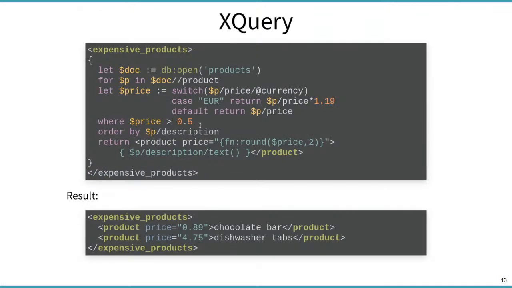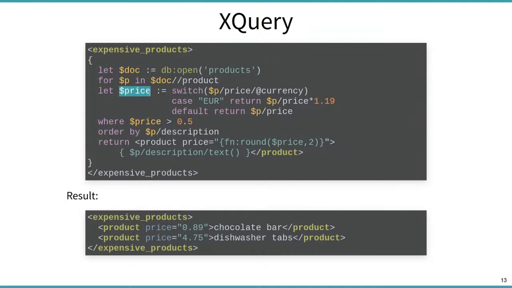One last slide for today. This is a more complex one. I want an expensive products element, and this is filled with the result of this XQuery. So I find the same as before, but now more complex things.